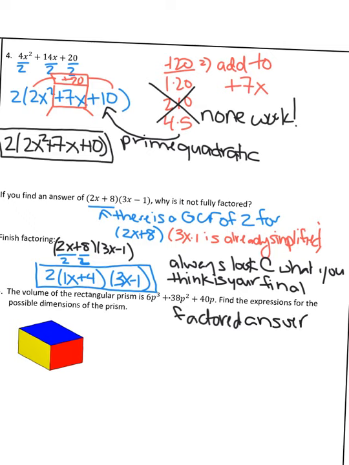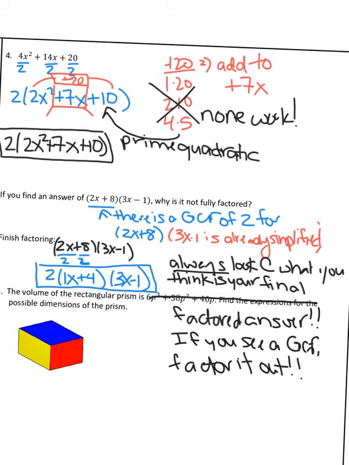And you know what, you can even cross this part off because we're not doing this last problem. This is, remember, the area perimeter we took out of this unit because we're in distance learning. So if you want to just put a line through there so you don't get confused. So we're always look at what you think is your final factored answer. Always, always. I'm going to underline that. If you see a GCF, if you see a GCF, factor it out.